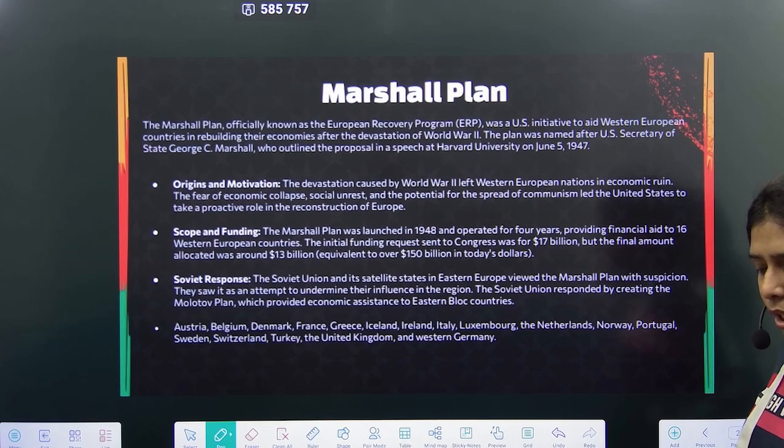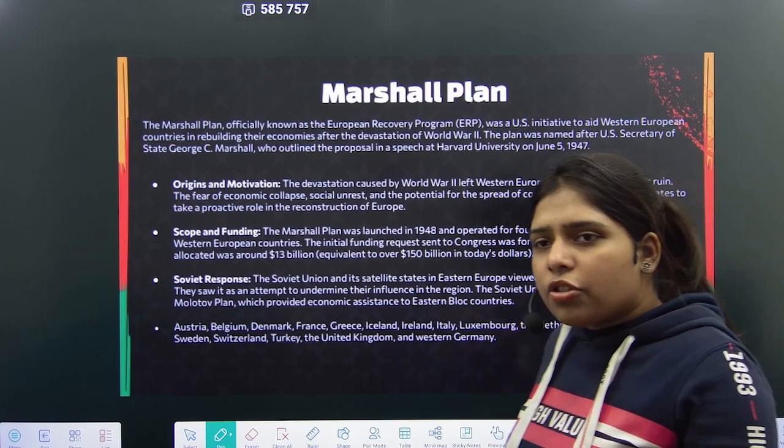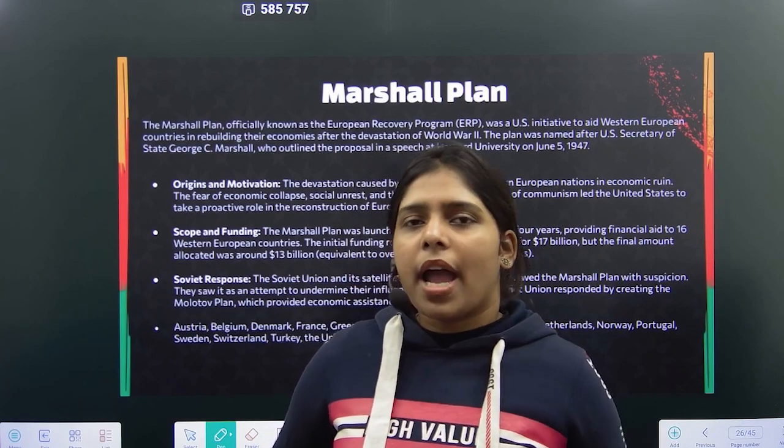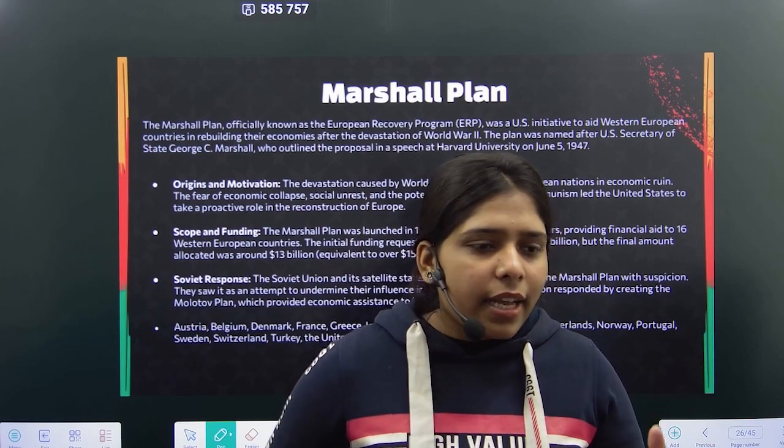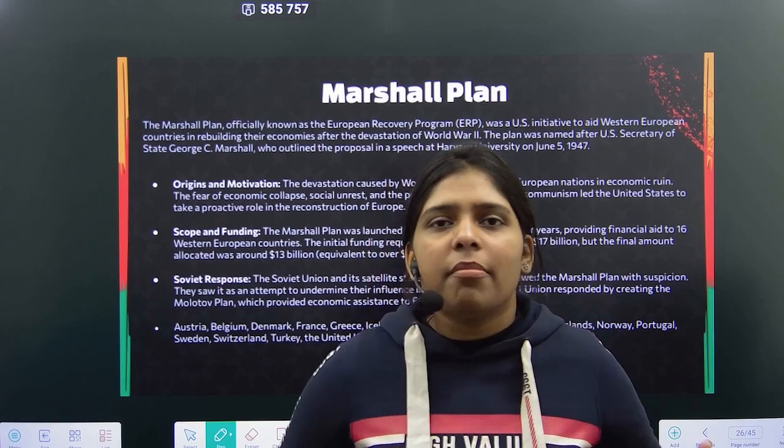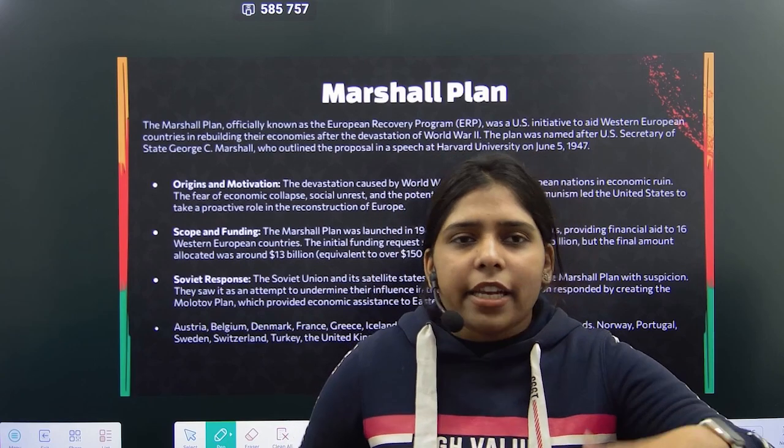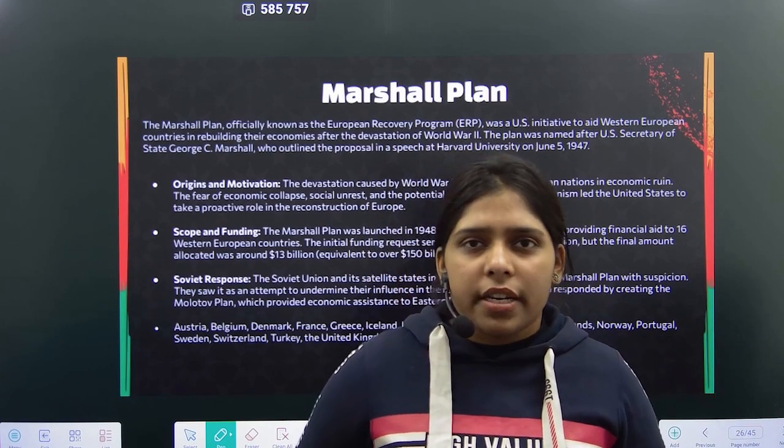After World War II, there had been a lot of destruction, I told you. Europe was one such region which faced a lot of destruction. And there was a constant fear that since Europe had been destroyed badly, Russia might jump in and try to take advantage of that situation.